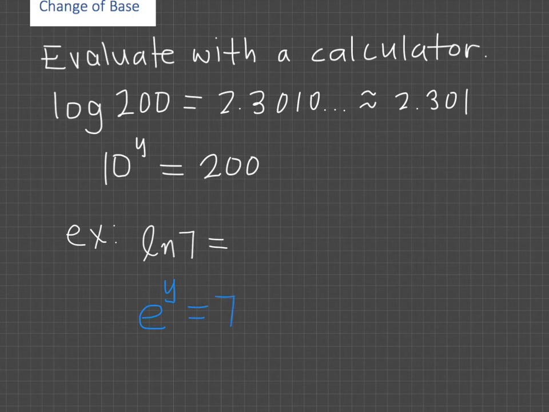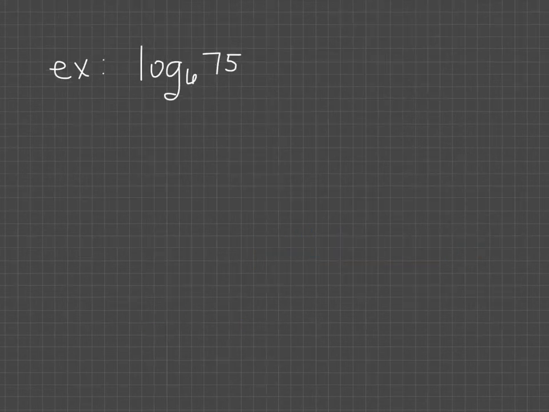So if we plug in natural log 7 to the calculator, we are going to end up with 1.9459, and again, it's non-terminating and non-repeating. If we round that to 3 decimal places, we get 1.946.